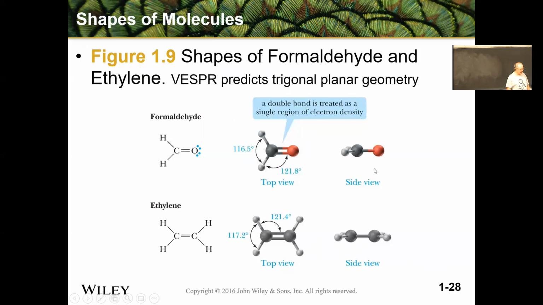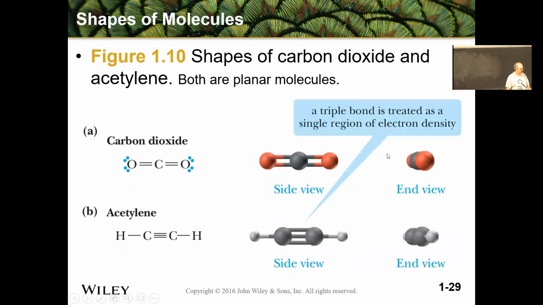These are both planar molecules. All 4 atoms are in the same plane, all 6 atoms are in the same plane. So from a side view, we can see that this is a flat molecule. And then we have a couple examples of linear molecules, carbon dioxide and acetylene.